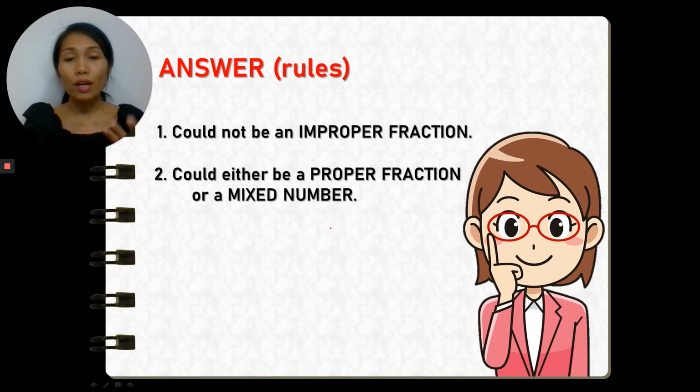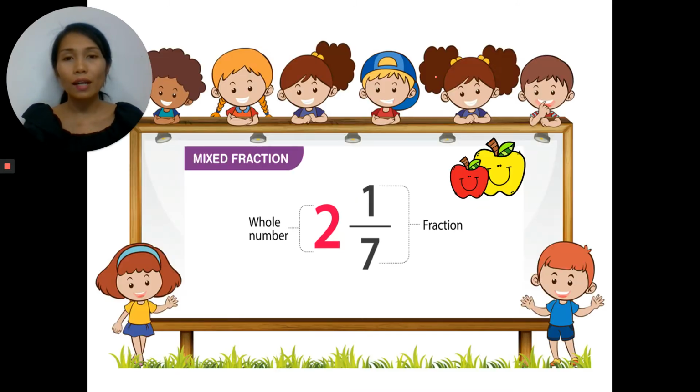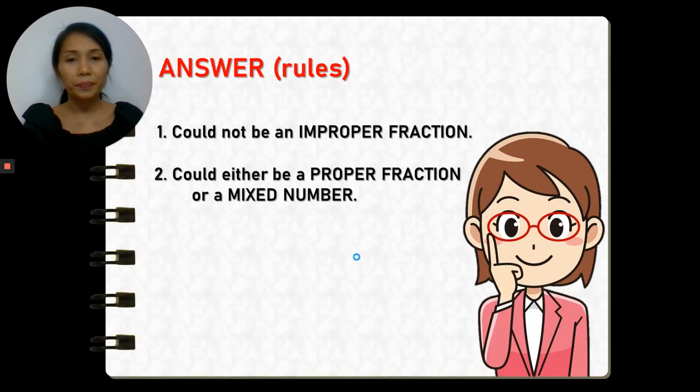Because your answer could only be a proper fraction or a mixed number. Okay, what is a proper fraction? The numerator is smaller than the denominator. Then if your answer is proper, then that's correct. What is a mixed number? You have the whole number and the fraction together. Okay, that's why it's called mixed.